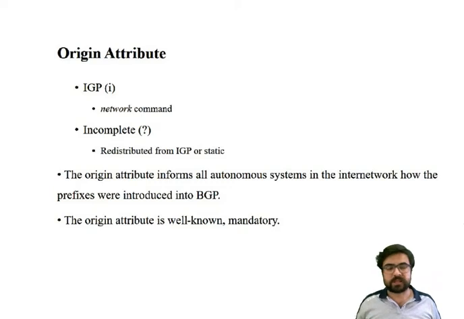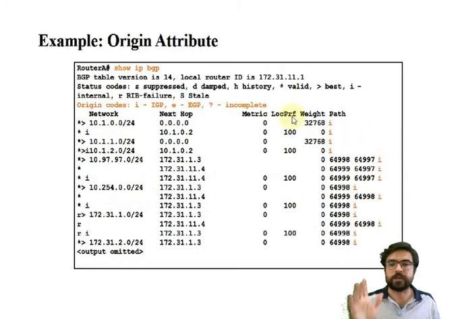Origin attribute. It means the network is originating via which command. If it is originated via the network command, we will see this, I'm going to show you, otherwise you will see this question mark, and it is also well known and mandatory. Okay, look, show IP BGP, and this is the result of that. I've told you about the next hop, so we'll see the next hop here.